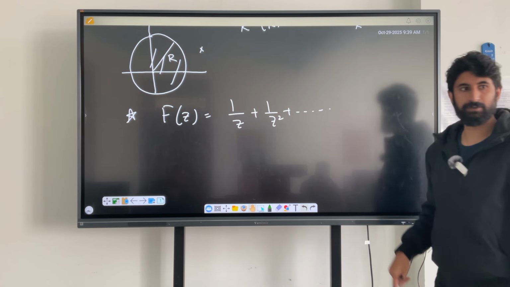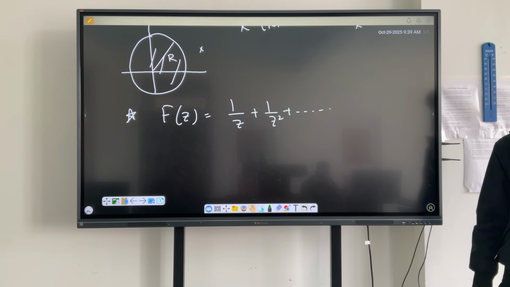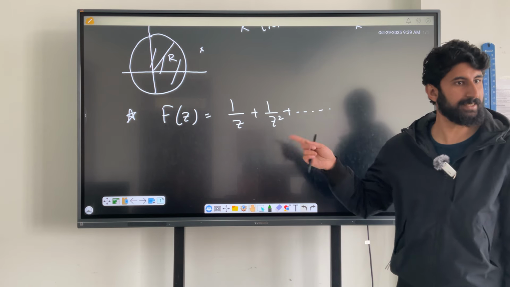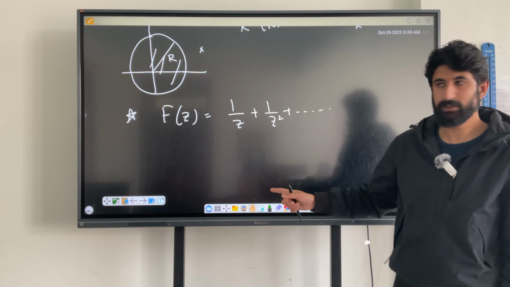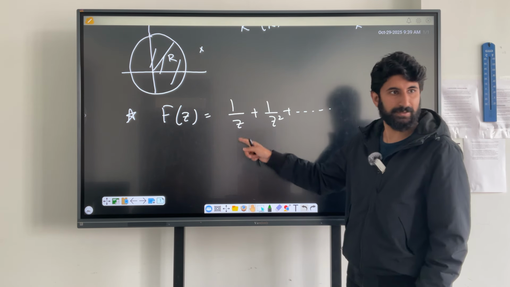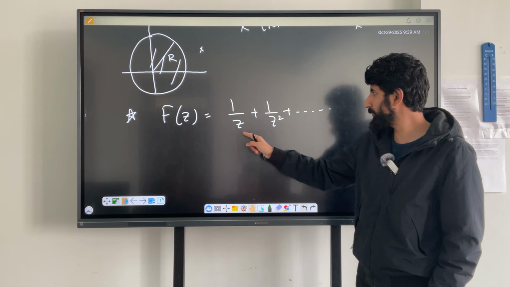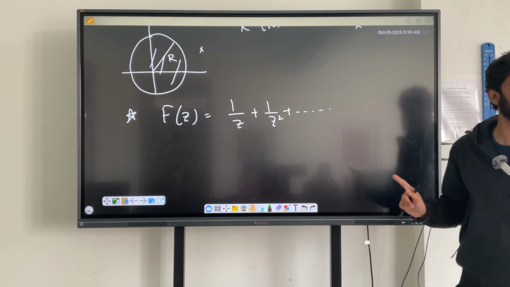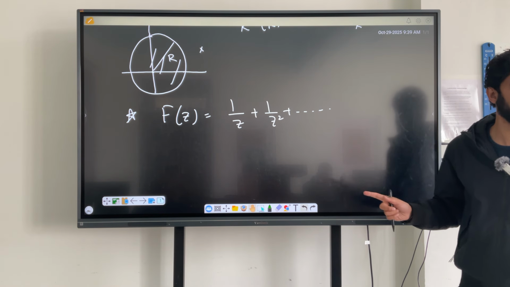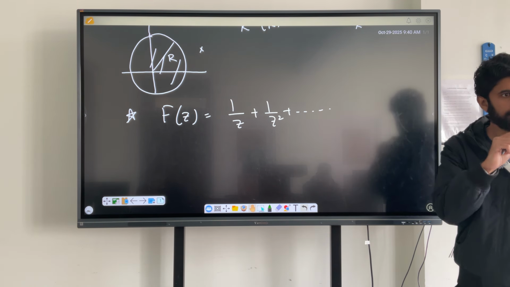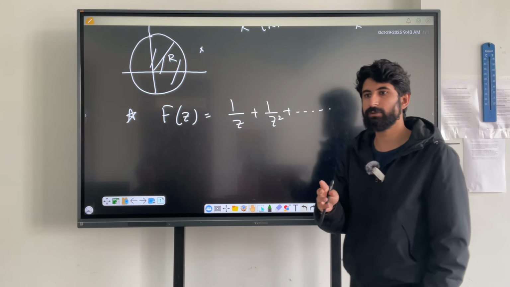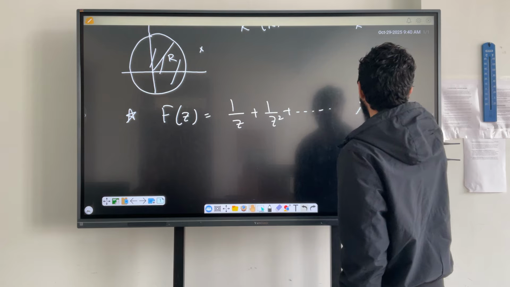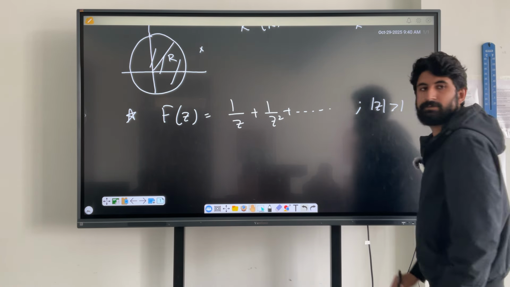When do you think this will converge? Exactly. Earlier you had z square, so you wanted r to be smaller. Now you are raising r, the mod of z. If I use polar representation, you will get 1 by r square, 1 by r cube. That will only become smaller and smaller when r is greater than 1. If r is 4, you will get 1 by 4, 1 by 4 square, and so on. So this converges when mod z is greater than 1.